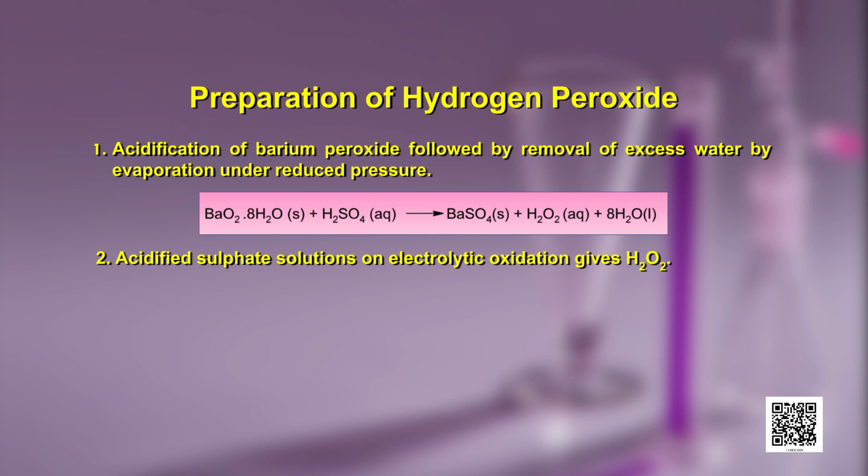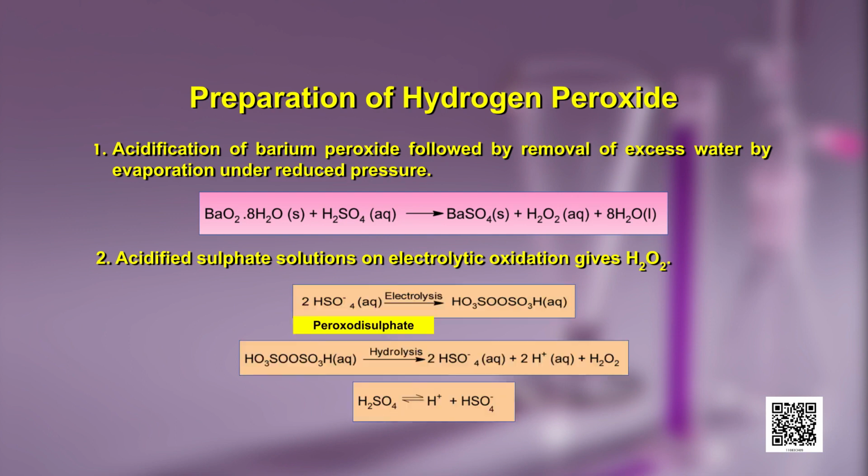Second method is that acidified sulfate solutions on electrolytic oxidation give hydrogen peroxide. The reaction is 2HSO4⁻ in aqueous medium on electrolysis gives HO3SSO3H aqueous, which is the peroxodisulfate anion.